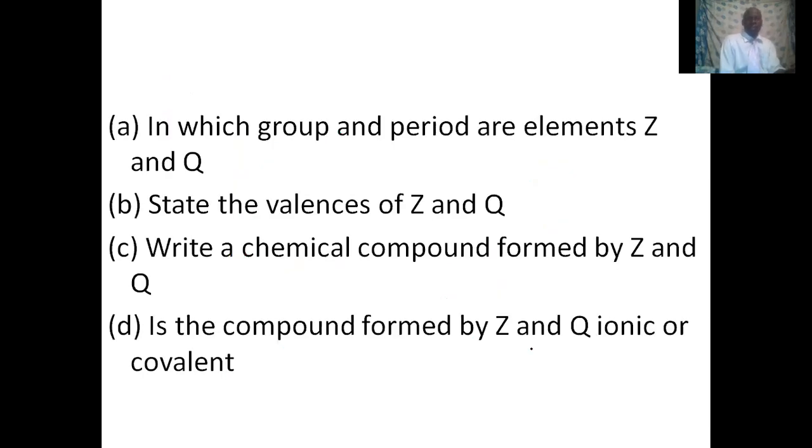B, state the valence of Z and Q. For the valence, you have to look at the number of electrons that are lost or gained. We said Z has the electron configuration 2, 8, 1. Therefore, it is easier for Z to lose one electron.